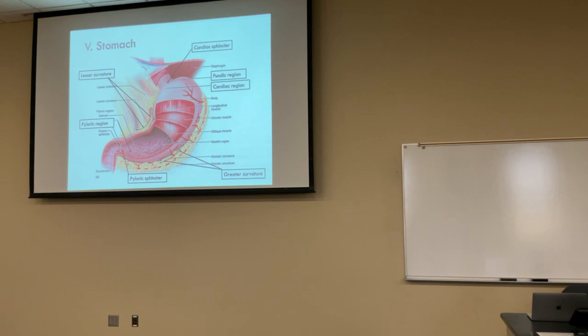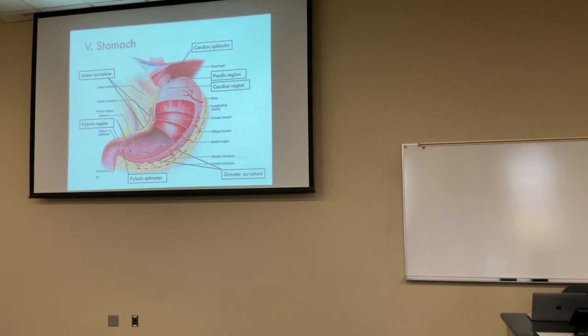Now there's also a kind of dome-shaped portion just superior to the cardiac region. That's called the fundus, or the fundal region. That's seen mainly externally. There's kind of an external bump or an elevation.